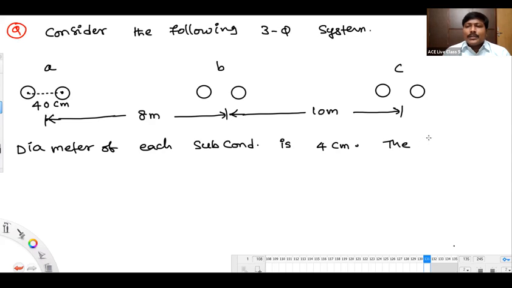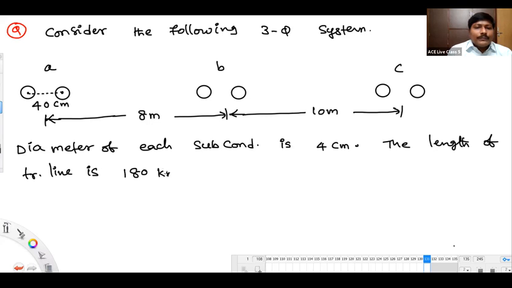The length of the transmission line is 180 kilometers.